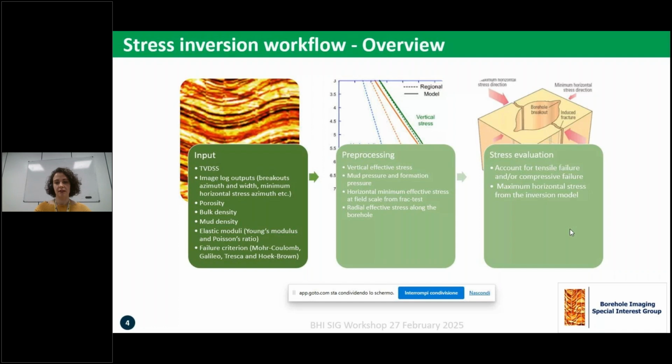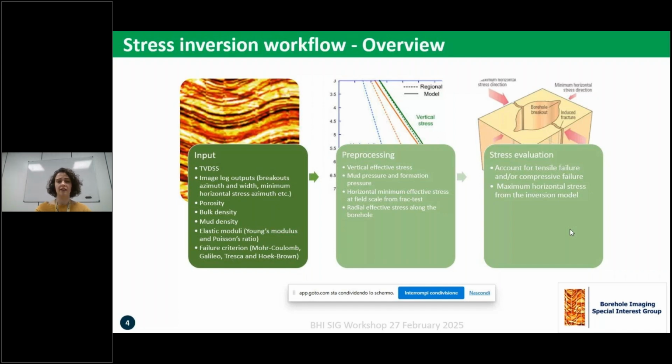Starting from the inputs needed for the workflow, we have, for sure, the true vertical depth subsea, and then, as I said in the introduction, the image log outputs, such as information about breakouts as azimuth and width, and the minimum horizontal stress azimuth, considering the main features from the image log outputs: induced fractures and breakouts. Then some information from standard logs, such as porosity and bulk density, and drilling information, such as mud density.